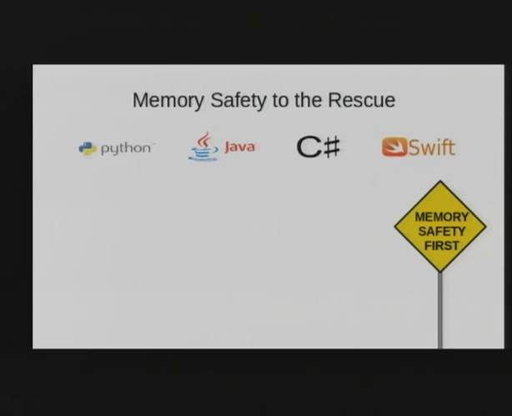Now, while these languages themselves enforce memory safety for a program and do not allow an attacker to gain code execution capabilities, there's a slight caveat that we have to look at. So let's look at a specific example.